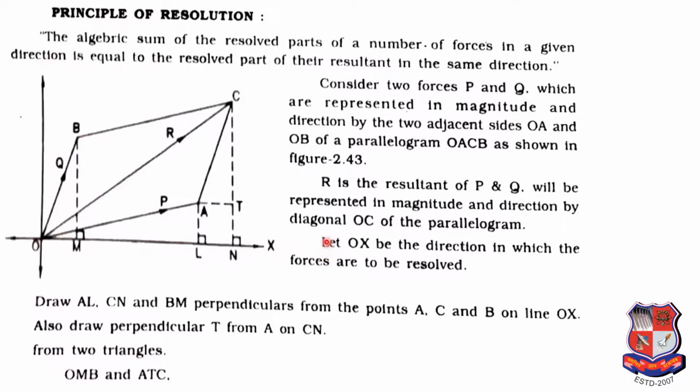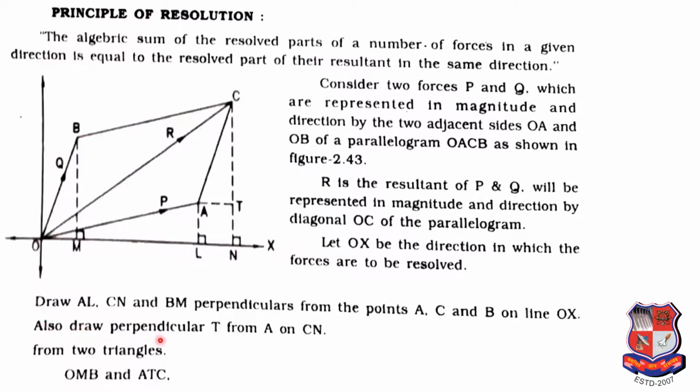Okay. So now what we have to do? We have to draw AL, then CN and BM. Please focus. After that, what we have to do? We have to draw AL, then CN and BM perpendiculars from the points A, C and B on line OX.